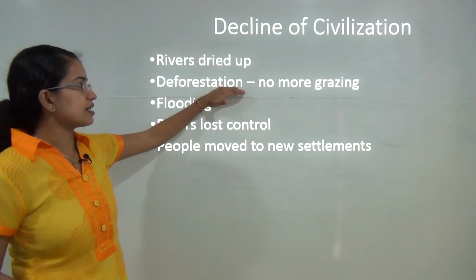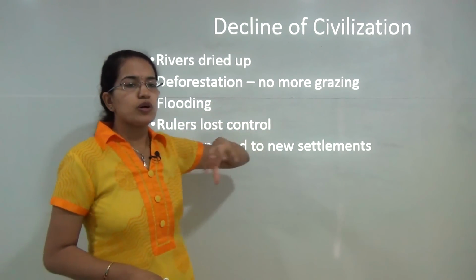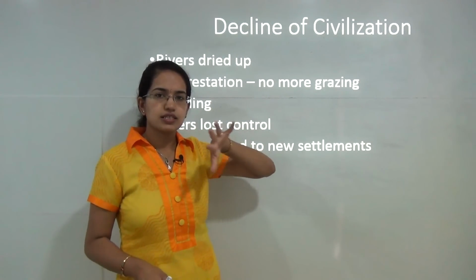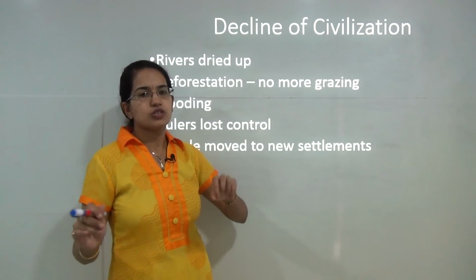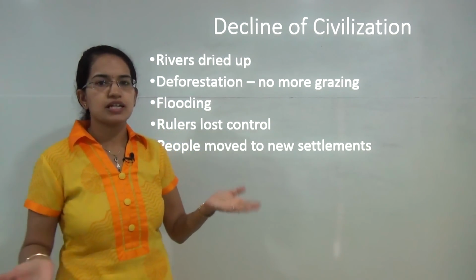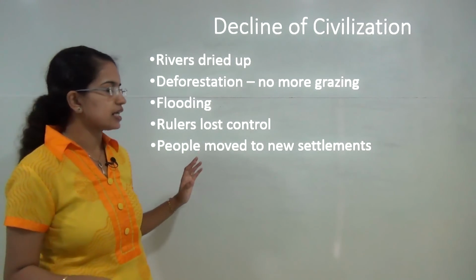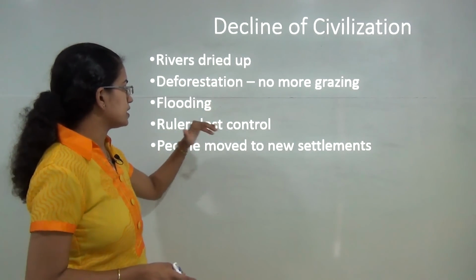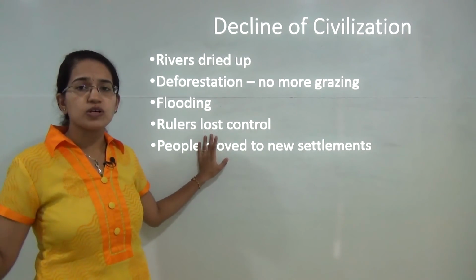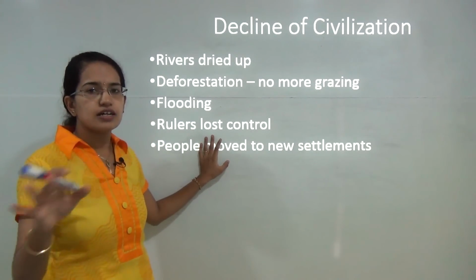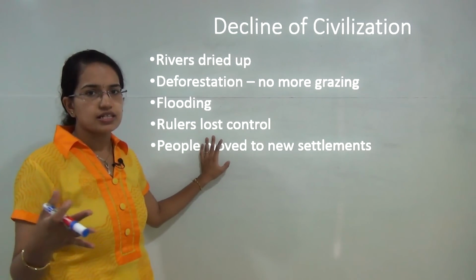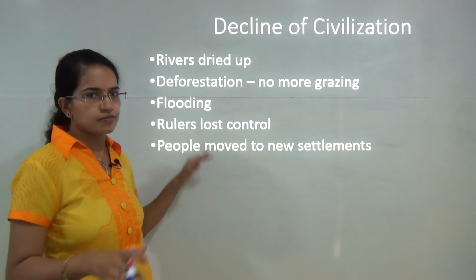The second reason attributed is that since the pastoralists and the herders were living in limited areas, all the grasslands were gone. So there was deforestation and ultimately there was loss of civilization. The third aspect tells that there was excessive flooding in the Sutlej, and all the riverine areas got devastated because of the floods.